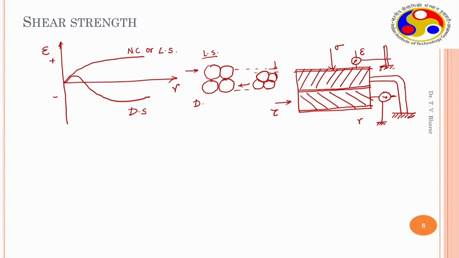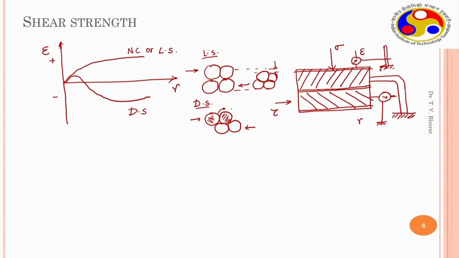In the case of densely compacted sands, initially the soil itself is in a denser packing. So this may be the configuration, and then when you shear the soil, soil particles have to roll all the way up onto these particles. So this is one particle and this is another particle.